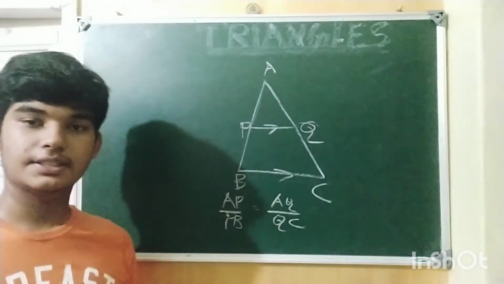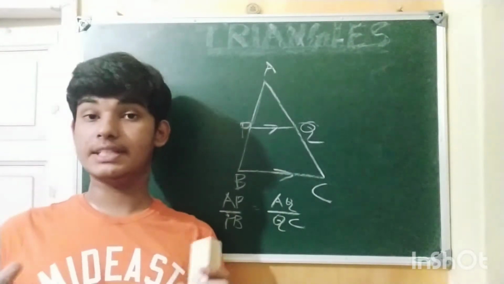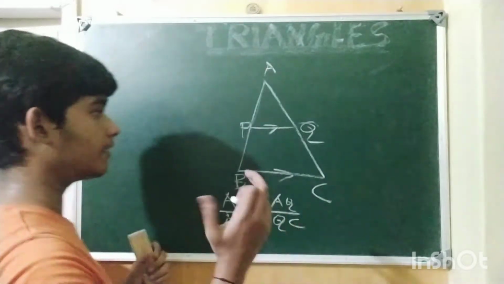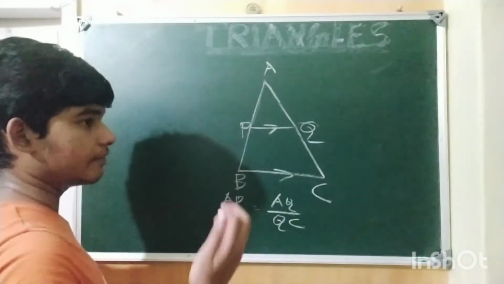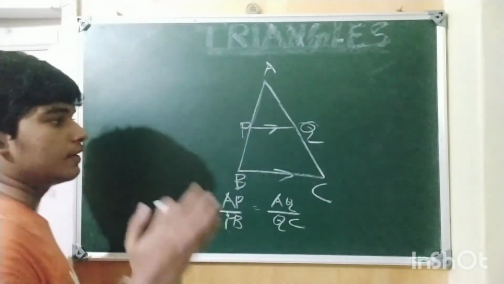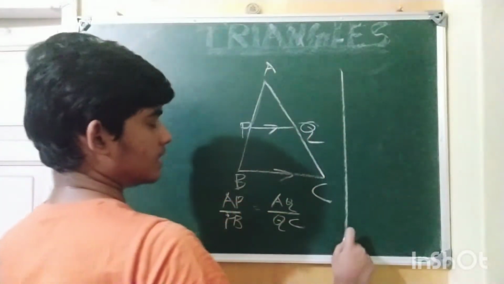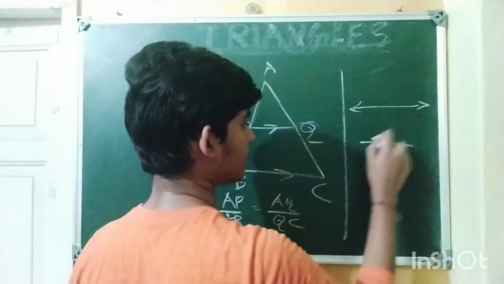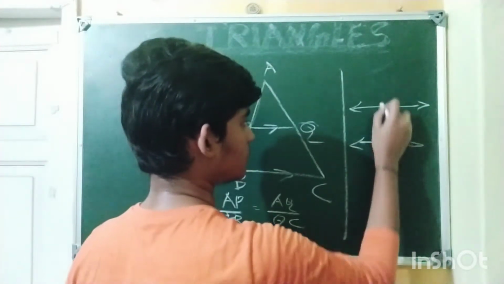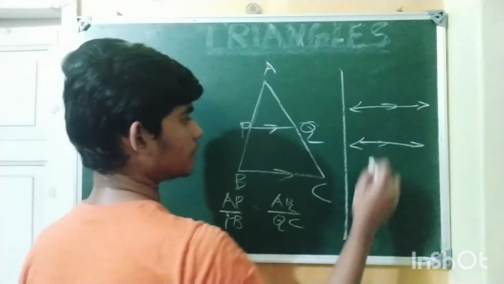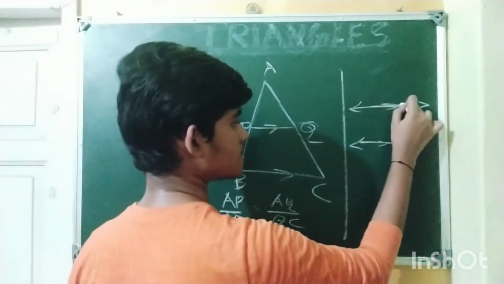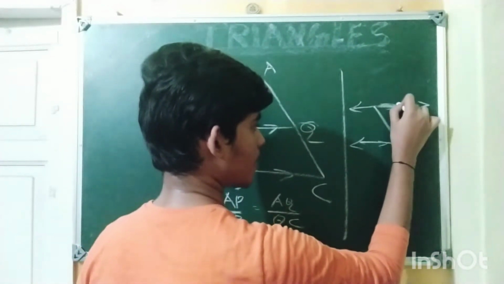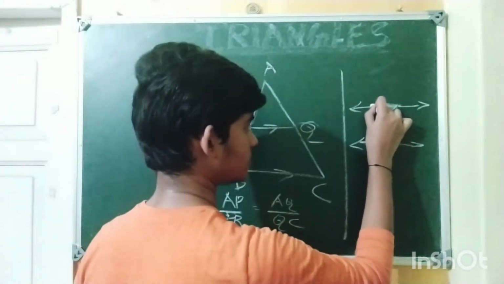The next theorem suggests that two triangles which have the same base or equal bases have the same area when they are in between two parallel lines. So for example, let us take two parallel lines. Let's say both of these are parallel. And let's draw a triangle using the same base.